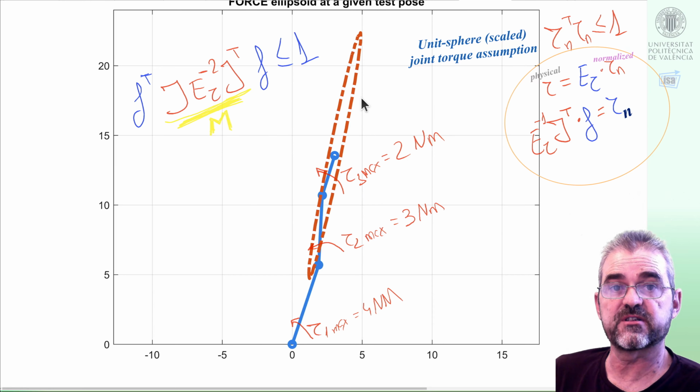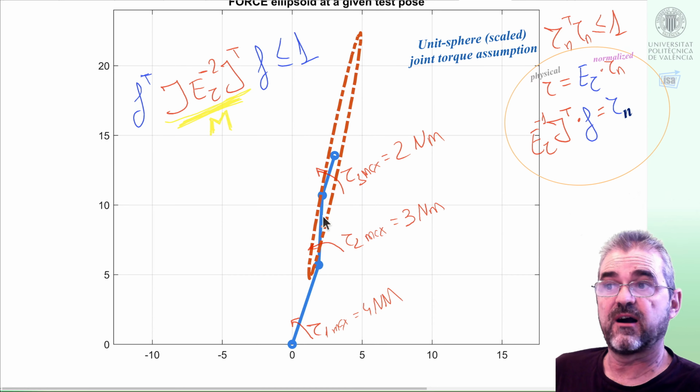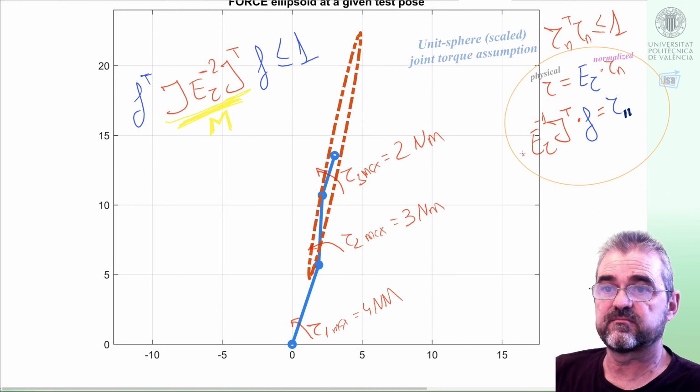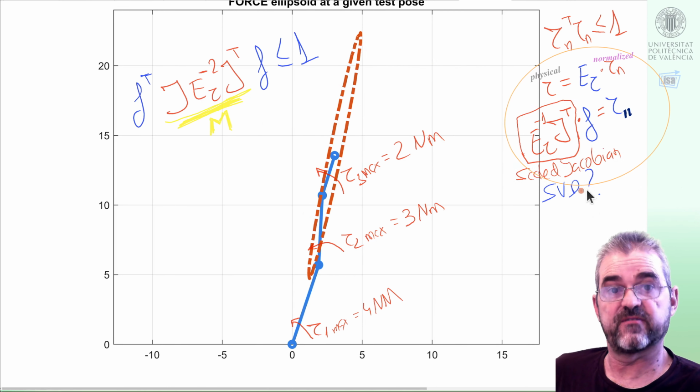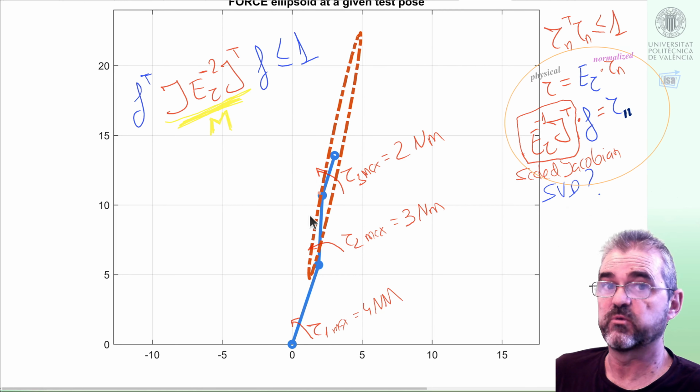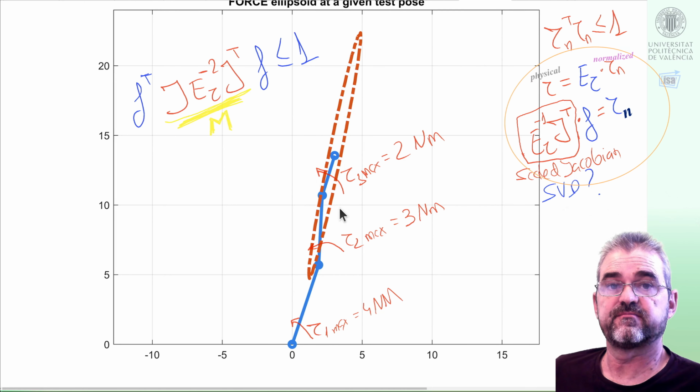So what we are going to discuss now is how the eigenvalues and eigenvectors of this M matrix can be interpreted in this ellipsoid, and how this scaled Jacobian singular value decomposition relates to the things we are observing in the figure, what we will call the principal maneuvers.